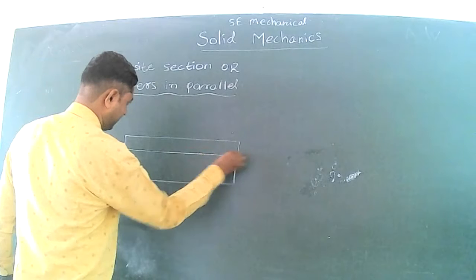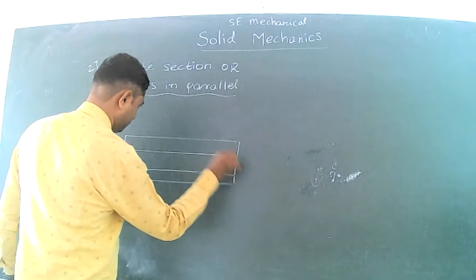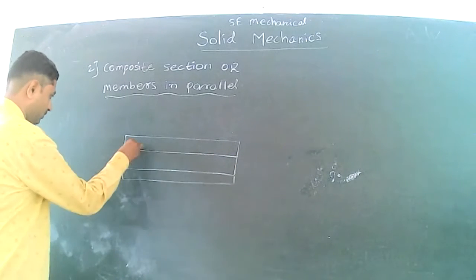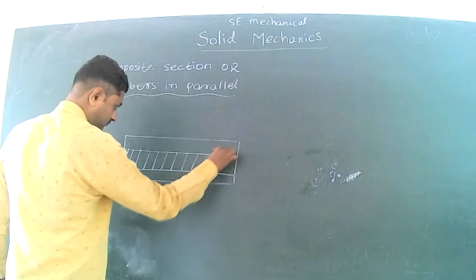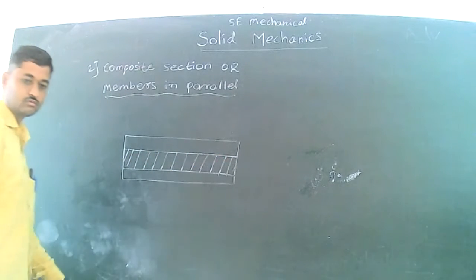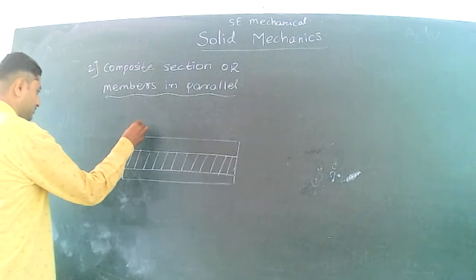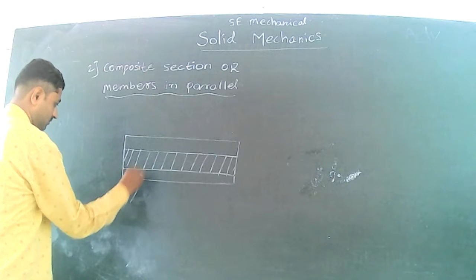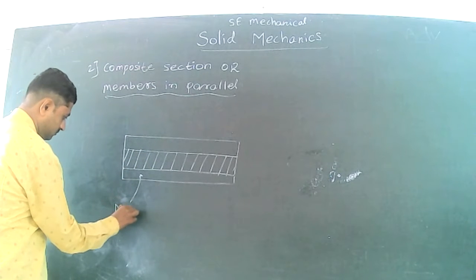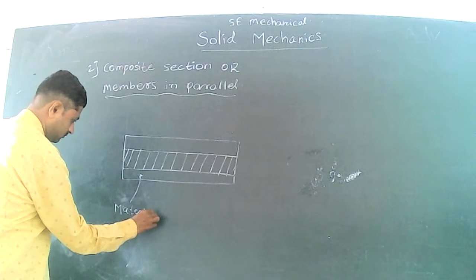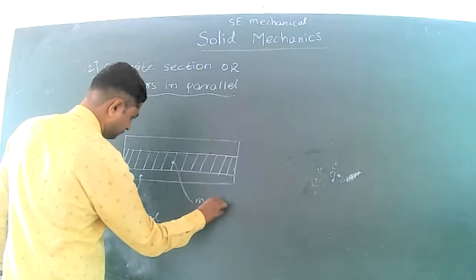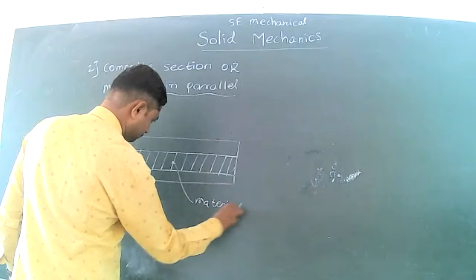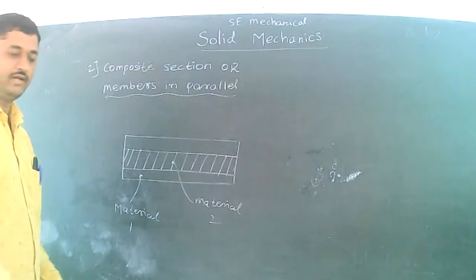having two different materials. So member 1 and member 2, material 1 and material 2, two different materials.